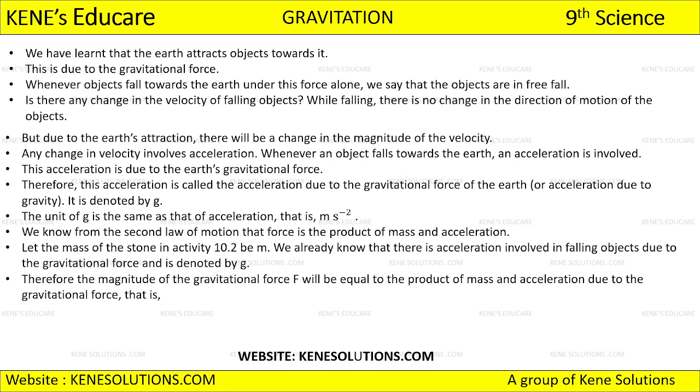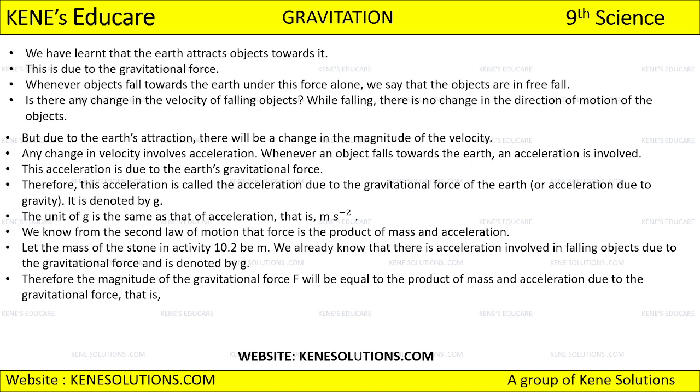So we have learned that the earth attracts objects towards it, and this is because of the gravitational force. Why is the earth able to attract the object towards it? Because of the gravitational force.